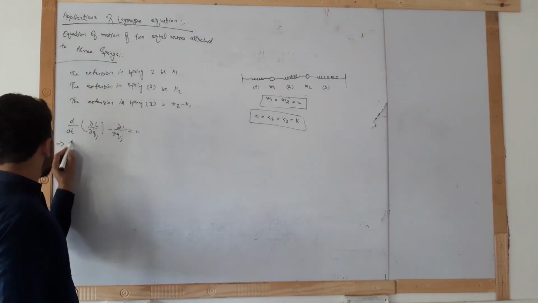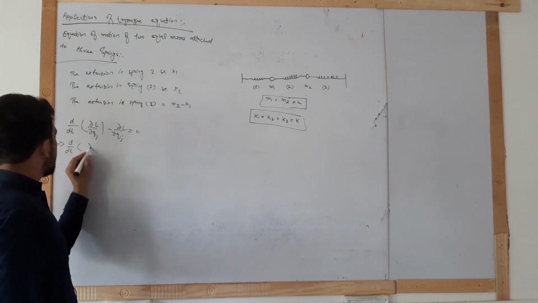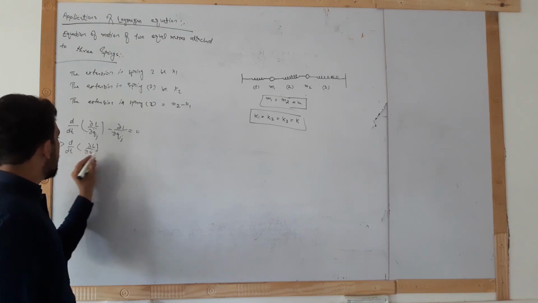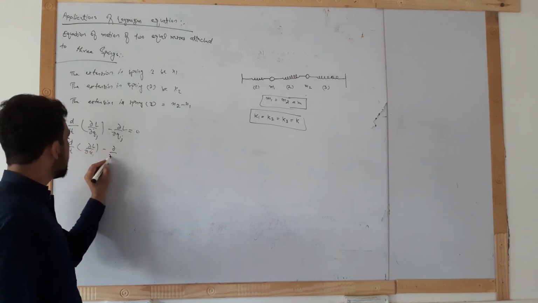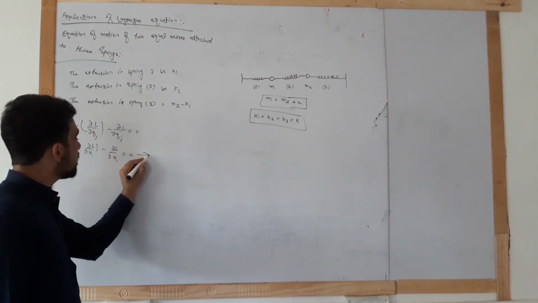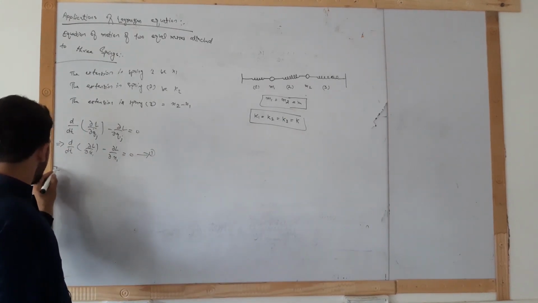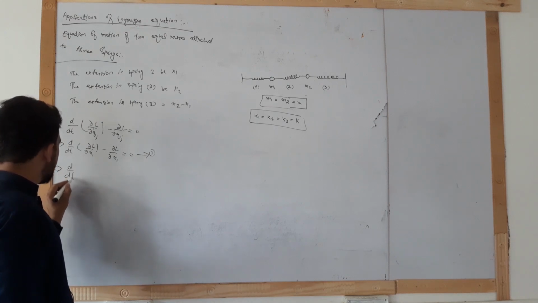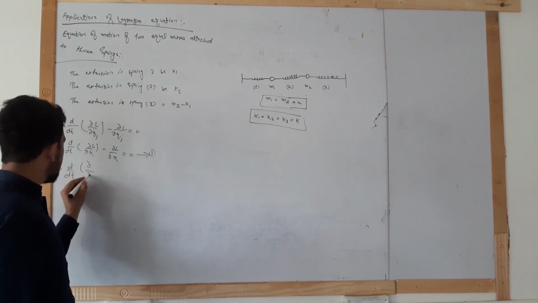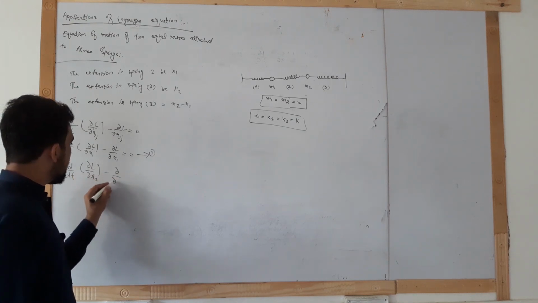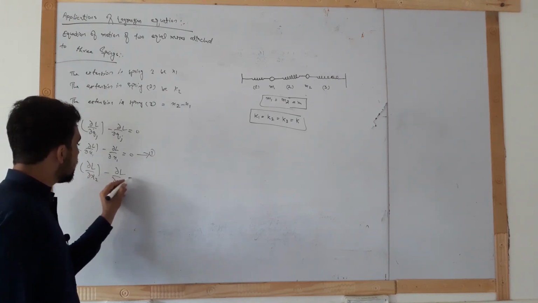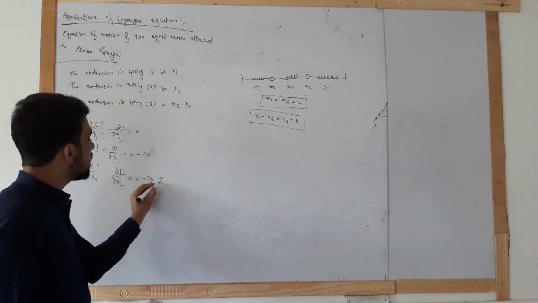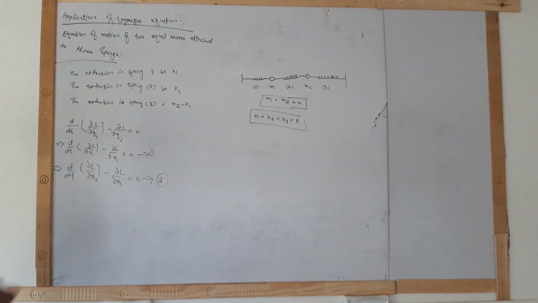So this implies that d by dt of partial by partial x1 dot of L minus partial by partial x1 of L is equal to 0. This is our equation number 1. Similarly, d by dt of partial by partial x2 dot of L minus partial by partial x2 of L is equal to 0. This is our equation number 2.